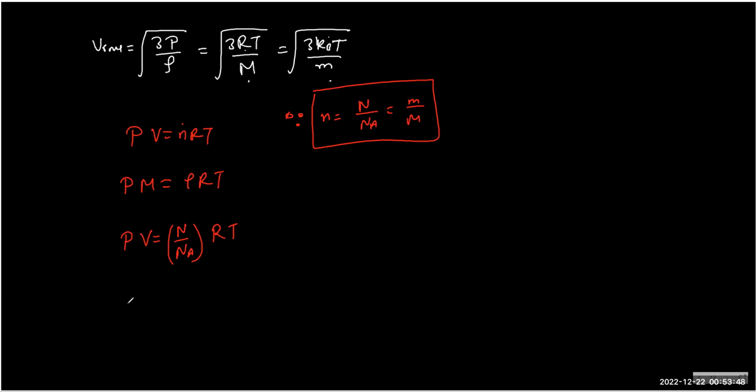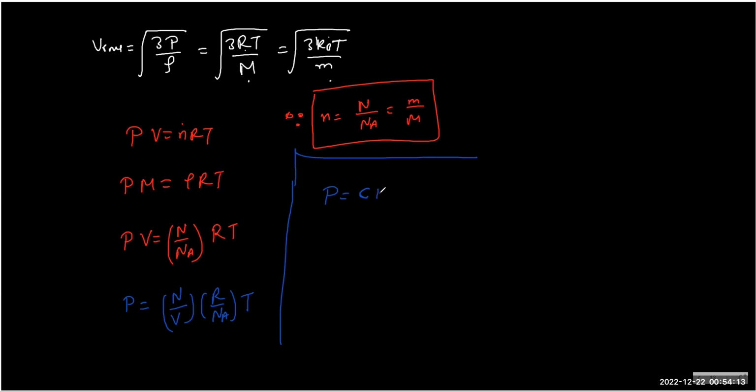So here you can clearly see that P becomes N by V, R by NA, into T, and therefore N by V is called concentration. It is not the molar concentration, it is called molecular concentration.